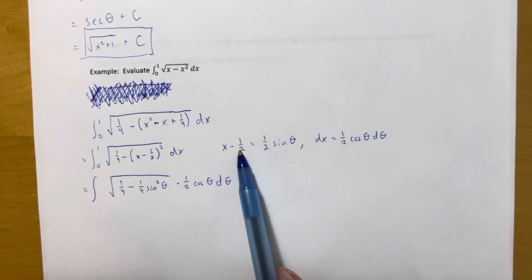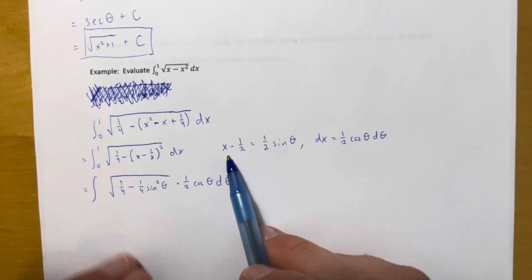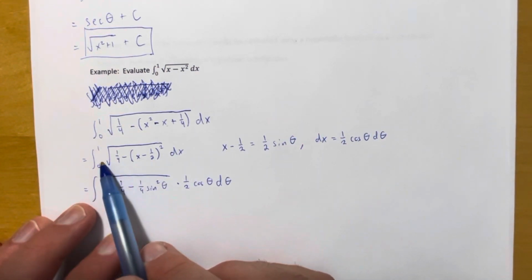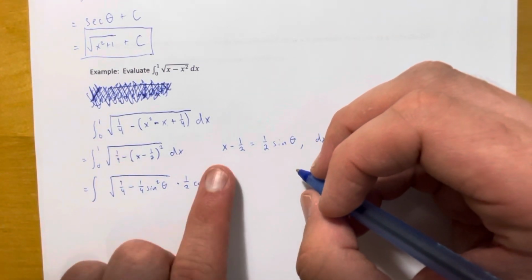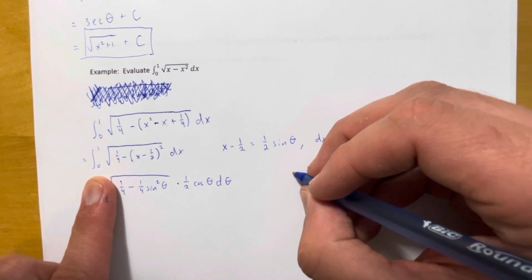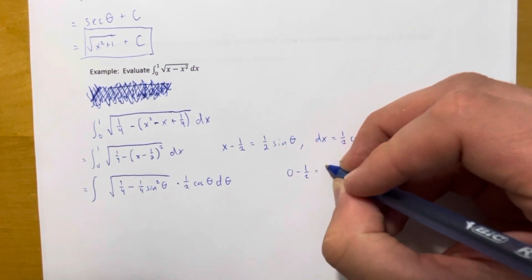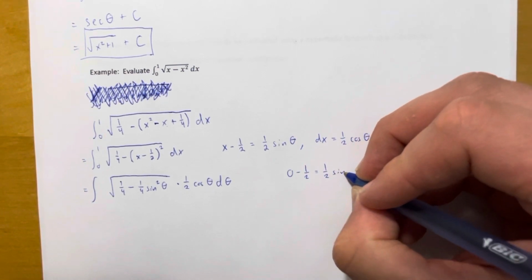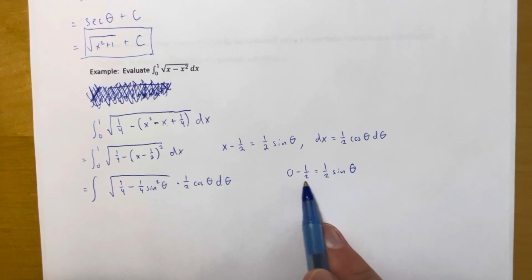So let's see if we can do something here. Let's take the corresponding x values here and plug them into this x right here. So I'm going to take my 0, plug that in for this x right here, which would give me 0 minus 1/2 equals 1/2 sine of theta. And the goal here is to solve for that theta.